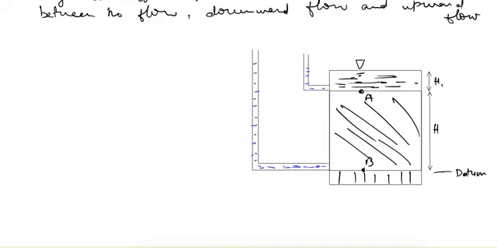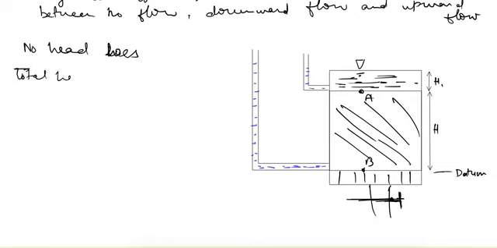So when no flow is taking place, it means the arrangement is such that the valve is closed here, so water is just filled. If no flow is taking place, that means no head loss. So if a piezometer is inserted at any point, it will rise up to the surface of the water. So we can say that total head at A, what is total head?